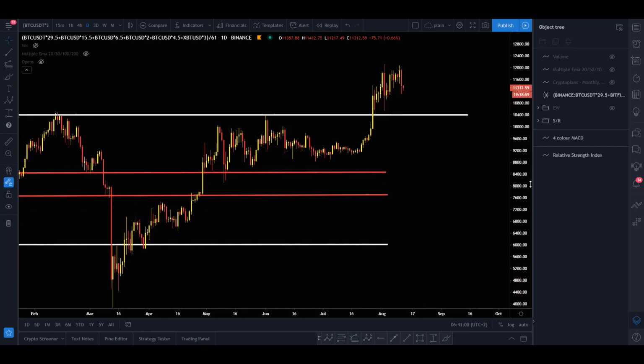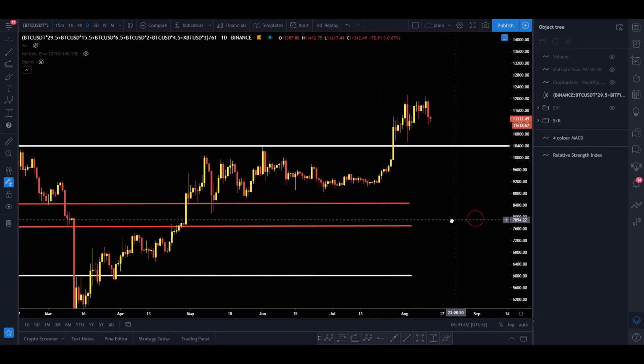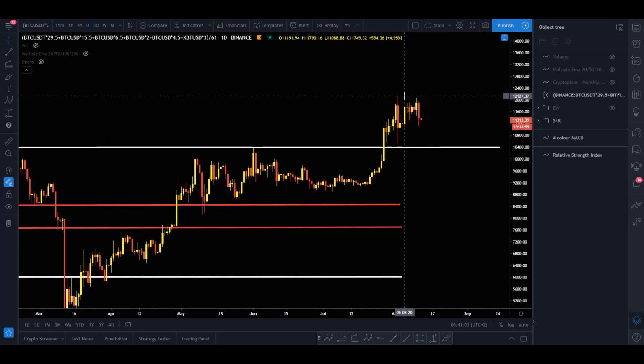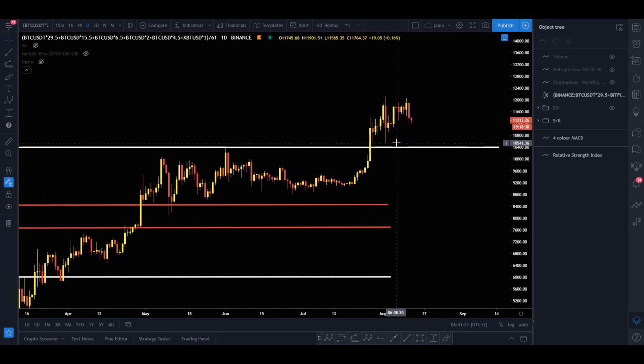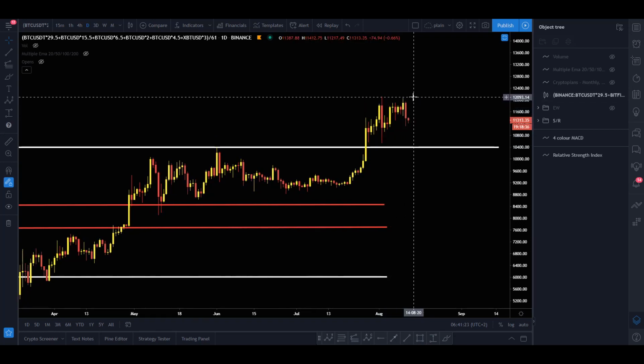So what happened? If you look here, we did have a move towards 12,000, a little bit above. A strong rejection, a dip. It was already a couple of days ago, 10 days ago. We did have that strong wick down and immediately going up again. But you see, we didn't make a new high.